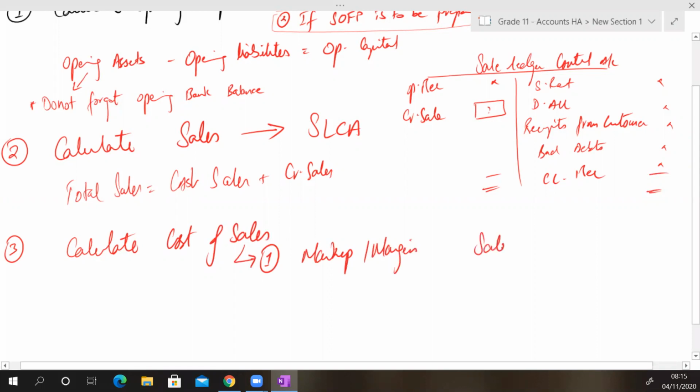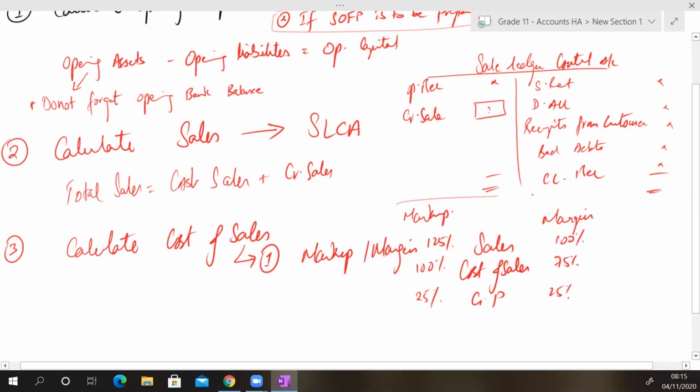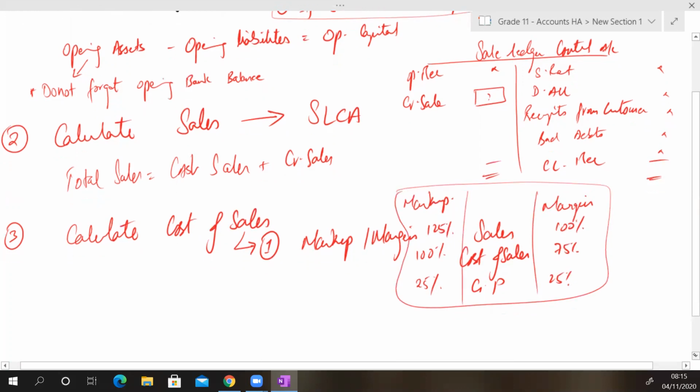Here we have sales, cost of sales, or GP. Markup and cost of sales is 100%. If this is 25%, sales is 125%. In margin, sales will be 100%. If this is 25%, cost of sales will be 75%. That's markup and margin.